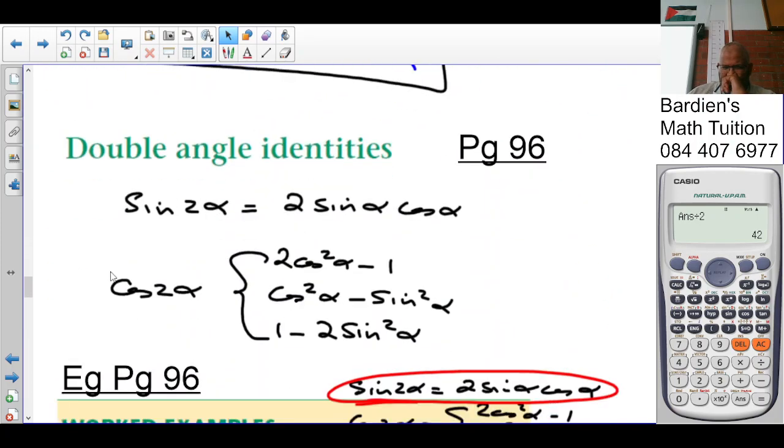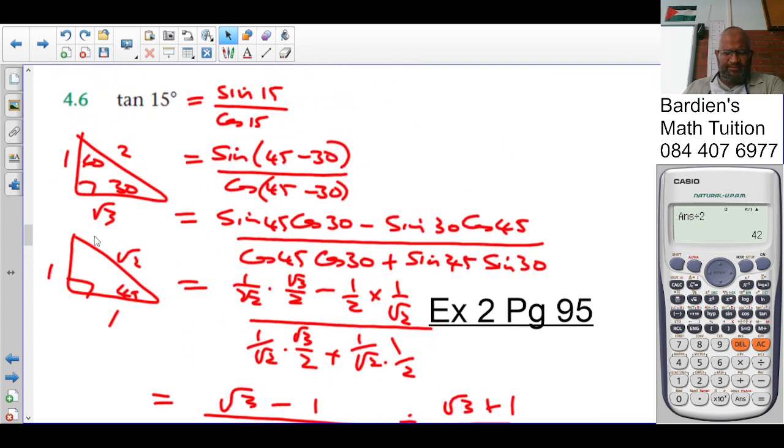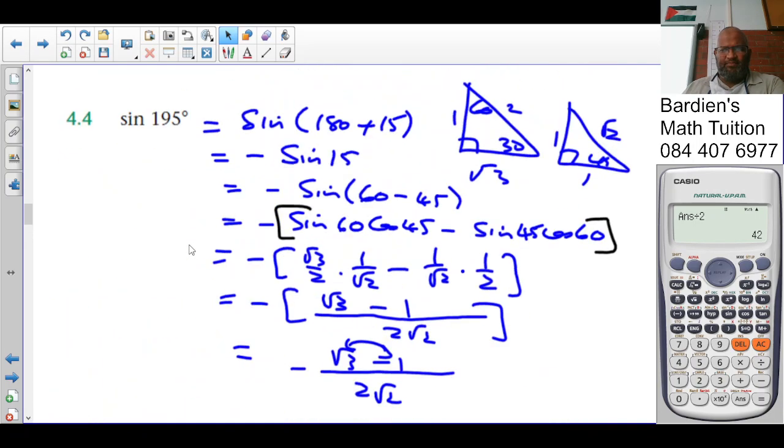Isn't that exercise 3? Who says exercise 2? What must be done out of 2? Just check what wasn't completed in 2.